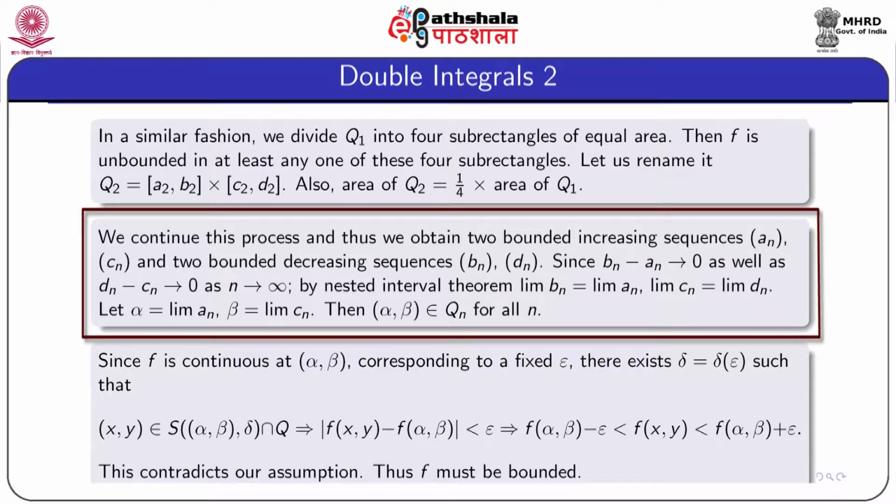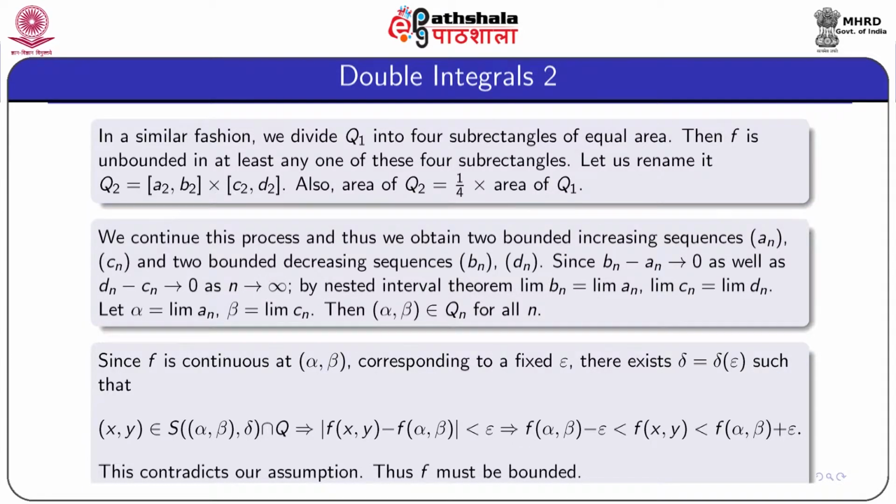Since Bn minus An tends to 0 as well as Dn minus Cn tends to 0 as n tends to infinity, by the nested interval theorem we have limit Bn equal to limit An, limit Cn equal to limit Dn. Let alpha equal to limit An, beta equal to limit Cn. Then the point (alpha, beta) is in Qn for every n.